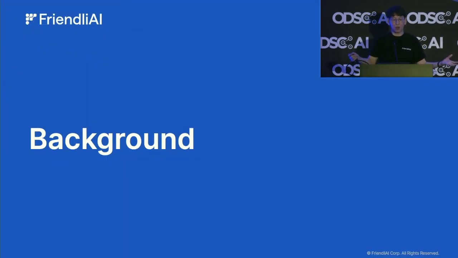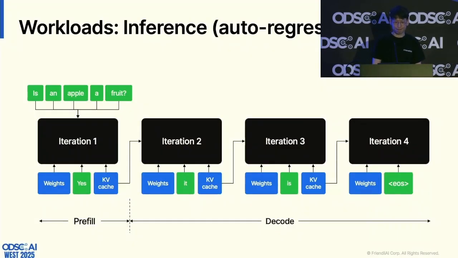So let's start with some background. Let me first explain how inference workflows like ChatGPT work, how inference unfolds in these auto-regressive AI models. In the first step of the inference, the entire input sequence, called the prompt, is processed. This is known as the prefill stage.